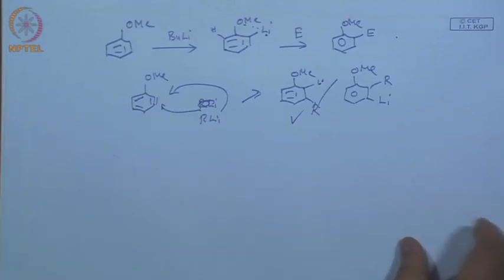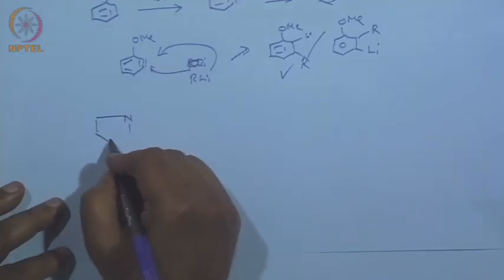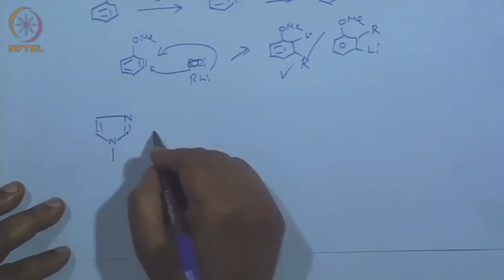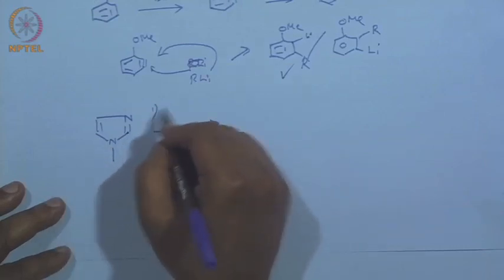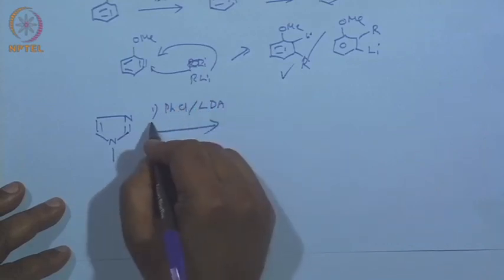Okay. And then I will give you one more example from this direct arylation without transition metal. Let us take a case of imidazole, for example. The first condition is chlorobenzene, LDA, this is a two step reaction.